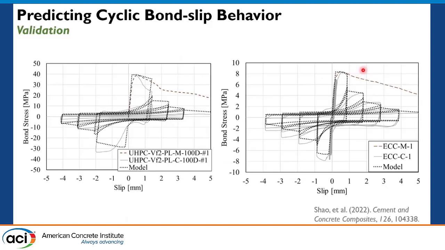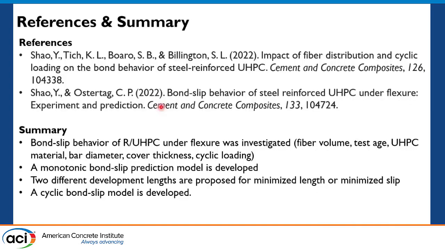And then we compare the predicted cyclic bond behavior against the experimental one for UHPC, as well as for another fiber reinforced concrete, ECC, and we find this energy-based degradation model captures the bond strength degradation for different materials under cyclic loading. And here are the two papers that we published to present the results today.